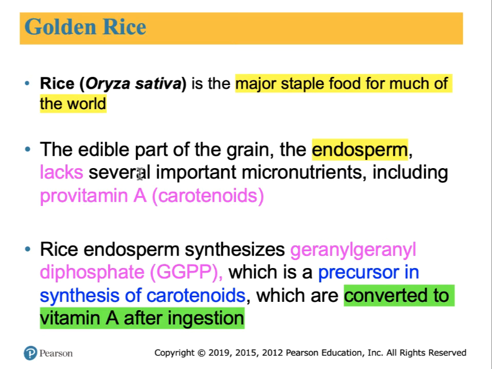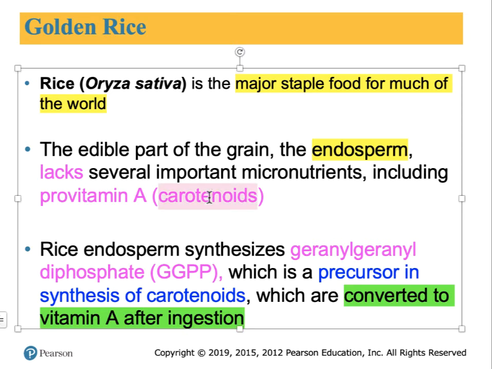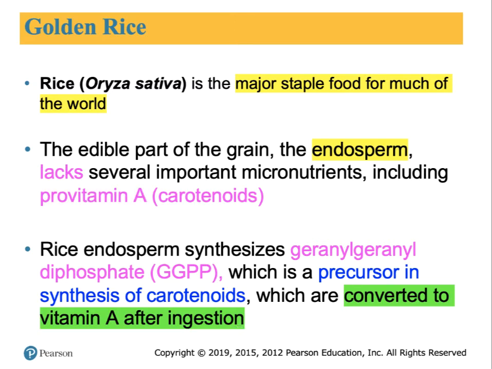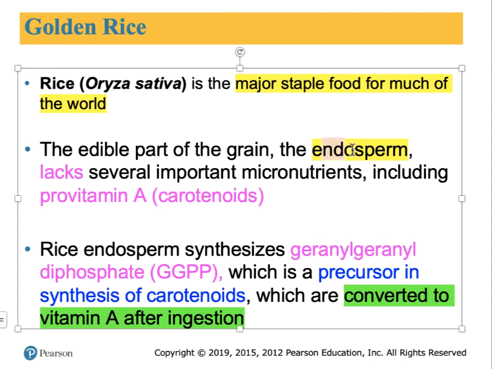However, that lacks some important micronutrients, including provitamin A, also known as a carotenoid. This substance is converted in the consumer's body to vitamin A. It's important to realize that this is lacking in the endosperm of normal rice strains.